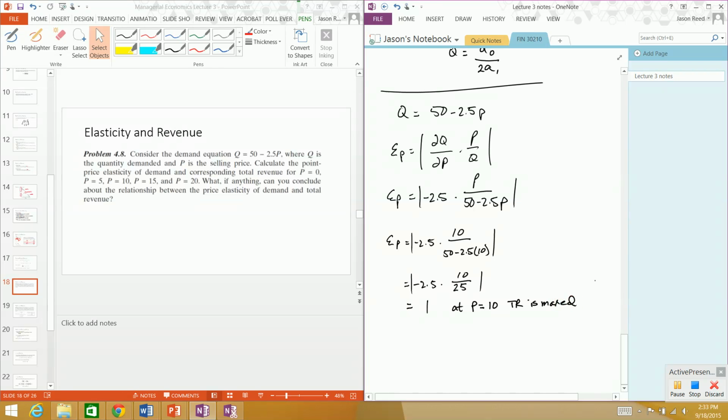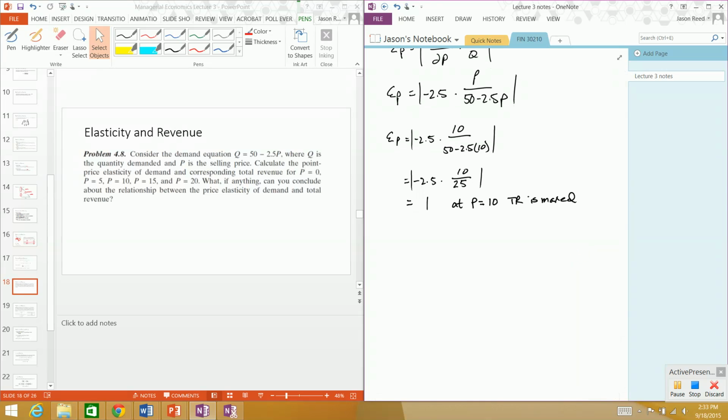Now let's observe what's going on by looking at a different price, one that might be a little bit lower. Again, we're going to start with negative 2.5 times, let's do 5, over 50 minus 2.5 times 5.